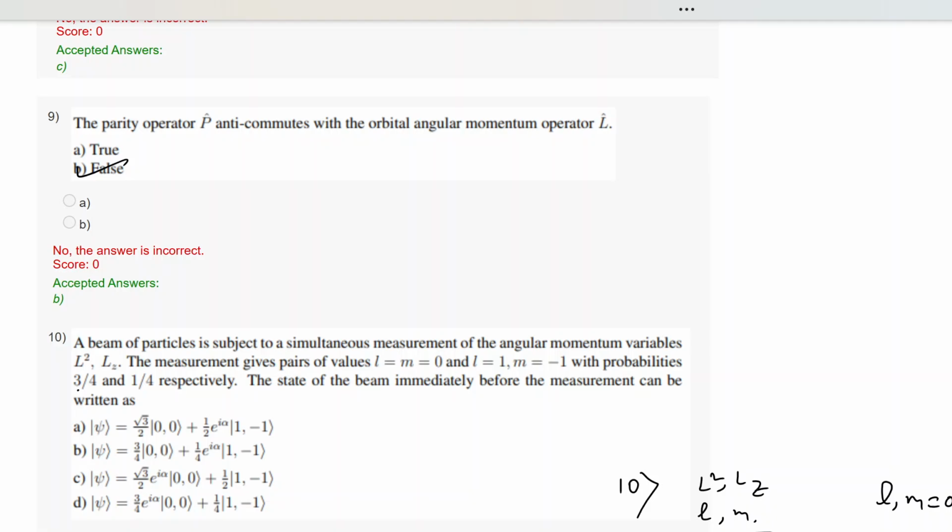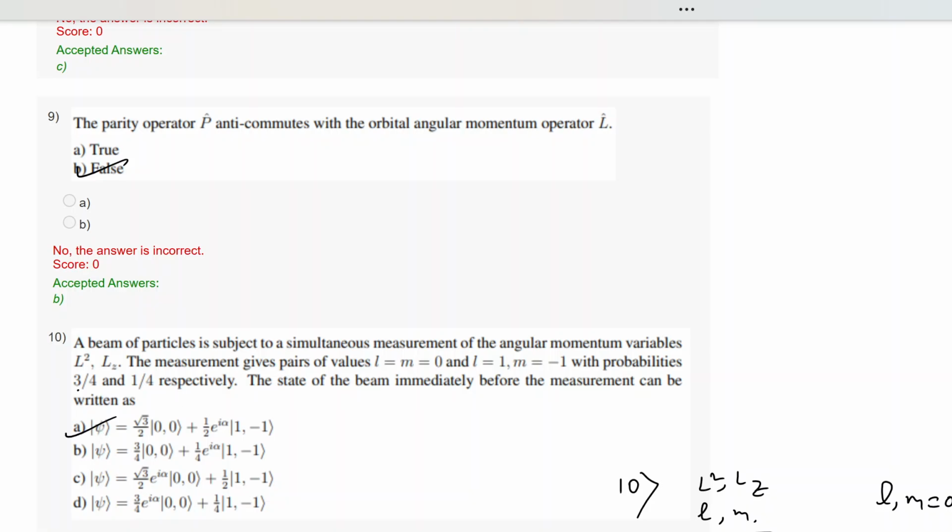Sorry, I made a mistake, there was a technical glitch. So this is root 3 by 2 times |0 0> plus half, because 1 by 4 is the probability, so its square root is the amplitude, for |1 minus 1>. But there is also another phase factor coming. Any wave function can have a phase shift like this, so you can put the phase factor on the second term as half e to the power i alpha |1 minus 1>. So essentially we are getting A as the correct answer.